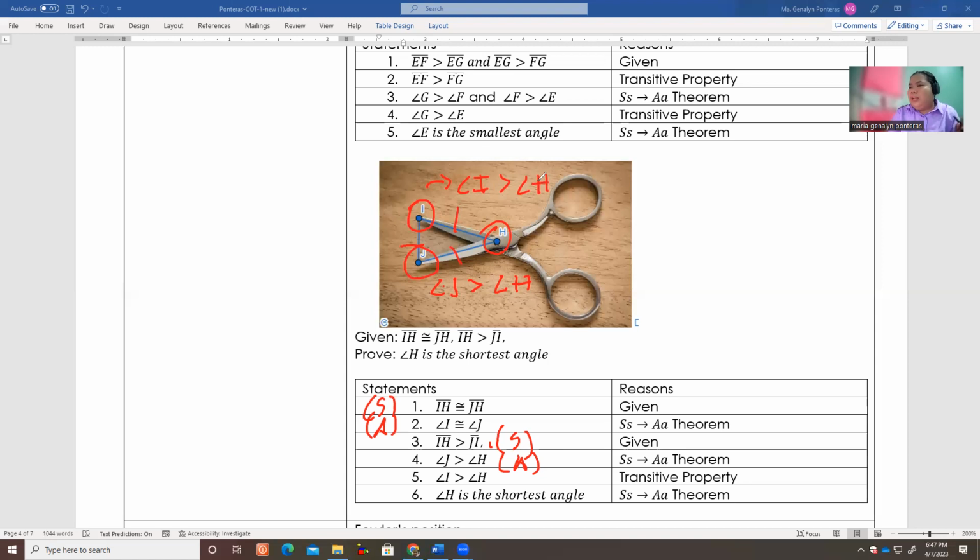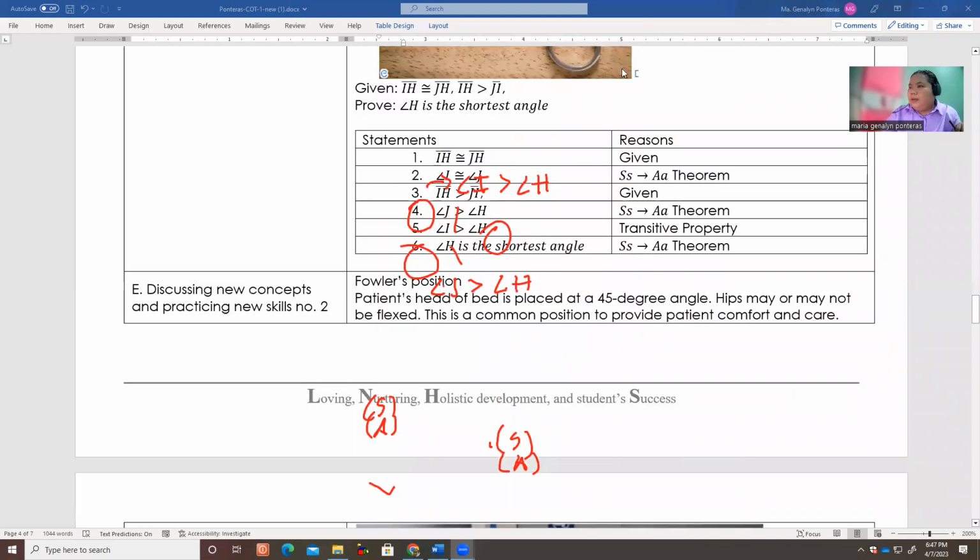So kung congruent sila, parehas sila, at nasabi natin na si J ay mas malaki kay H, ibig sabihin si I, mas malaki din siya kay H. So that would be transitive property. And this one is transitive property. So we can see that angle H is the shortest angle by side to angle theorem. So this one. Okay.